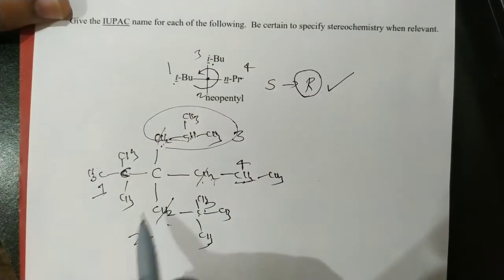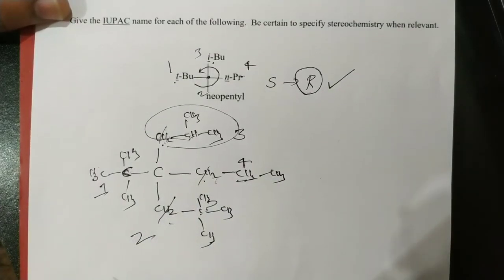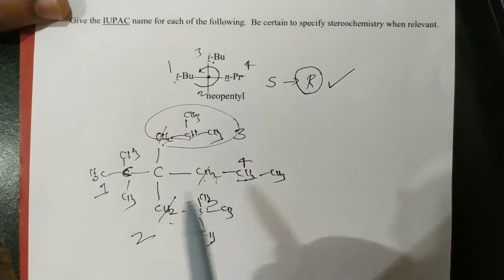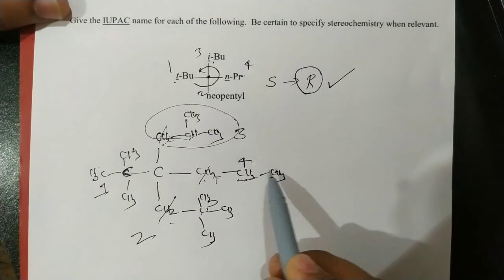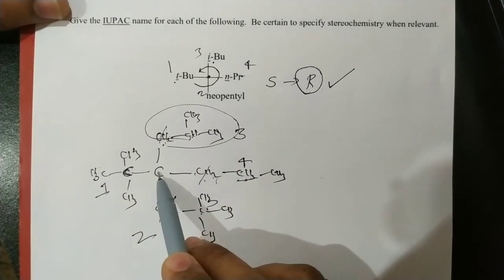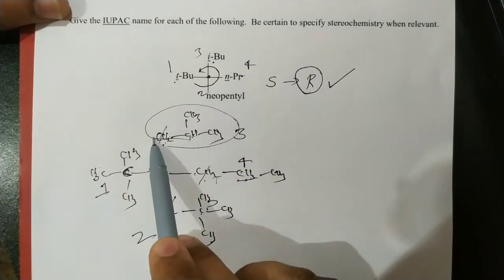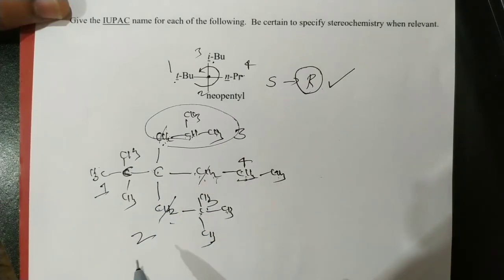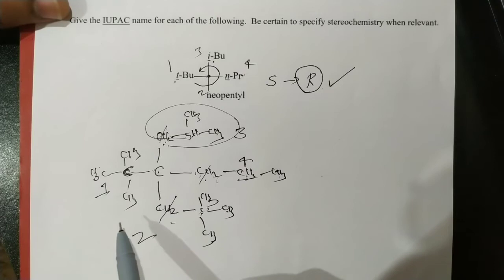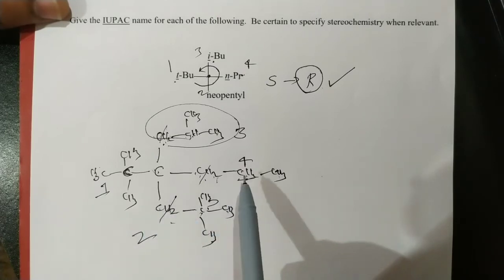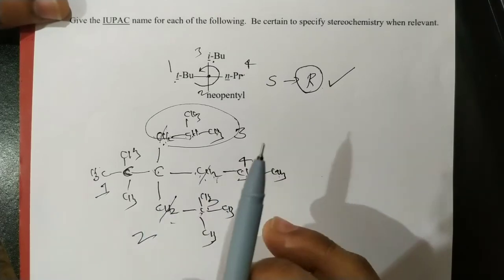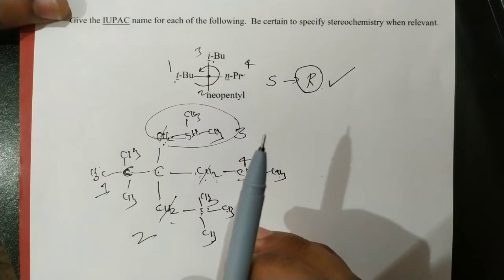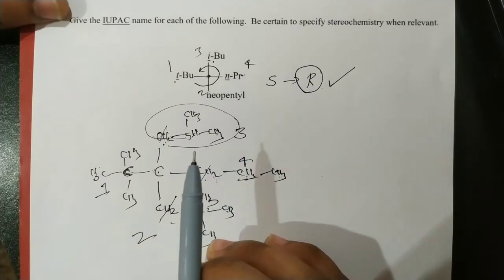Now, what is the IUPAC name of this compound? Take the longest parent chain. Counting 1 2 3 4, 4 5 6 7, 1 2 3 4 5 6 7, 7 carbons are possible in two ways. That means there is the possibility of equal length parent chains.